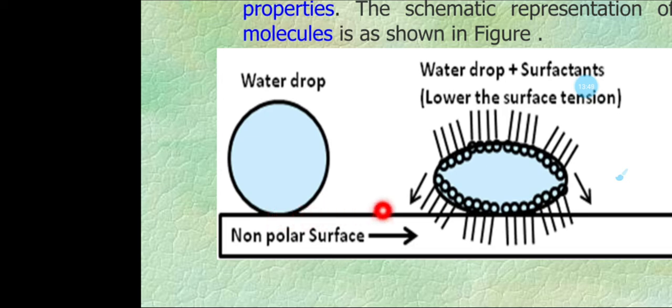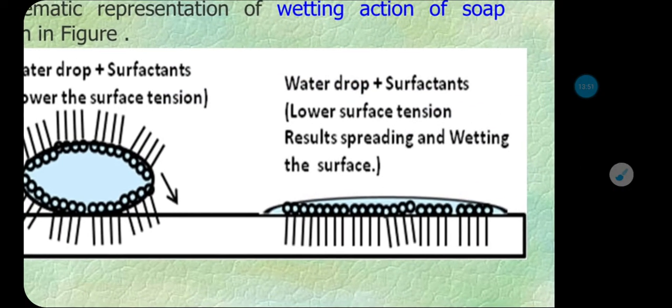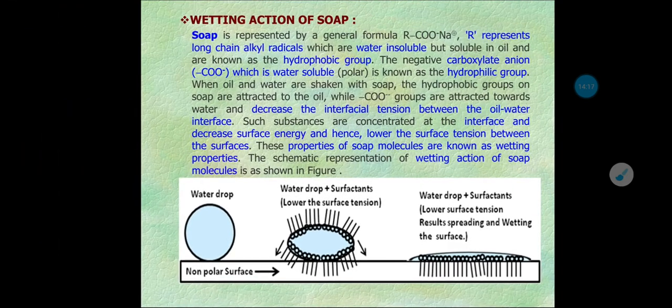If you add the surfactant molecule, the wetting area of this surface increases tremendously from this to this. In this way, the surfactant molecule increases the wetting ability of the non-polar part, or the spreading of the water droplet on it. So it is also called the spreading property, the wetting property of surfactant or soap molecules.